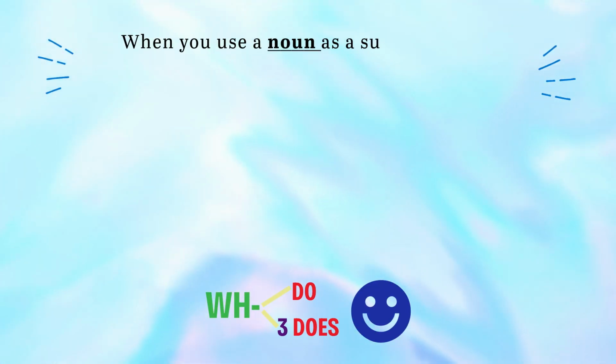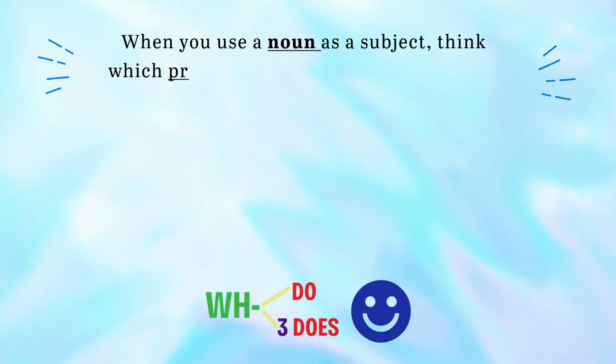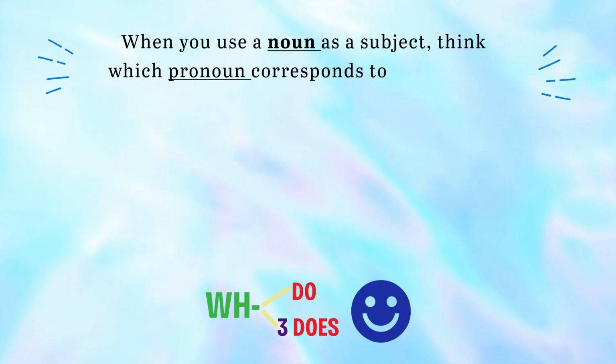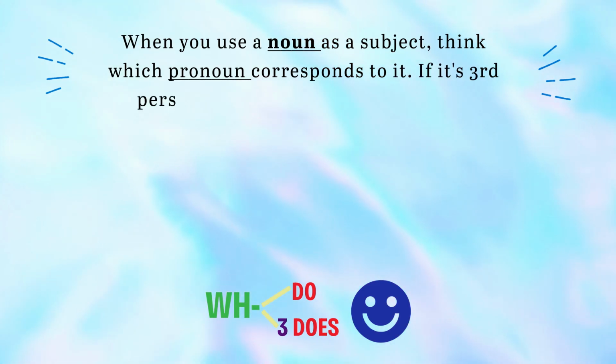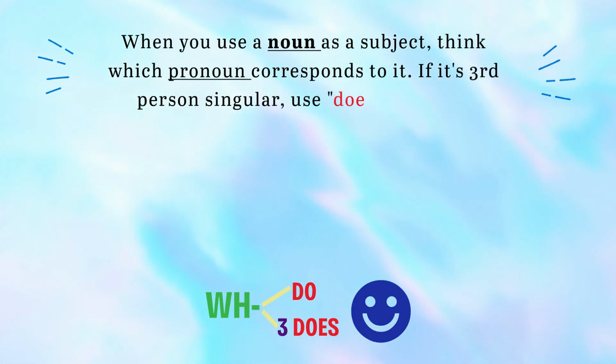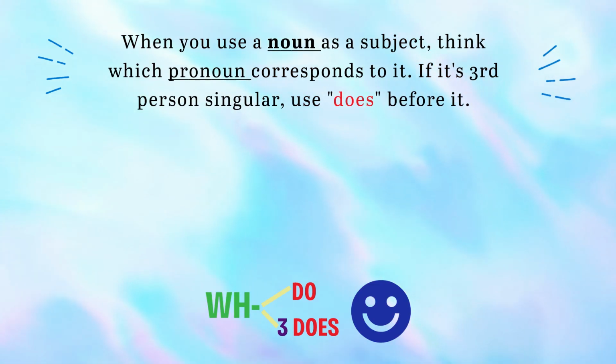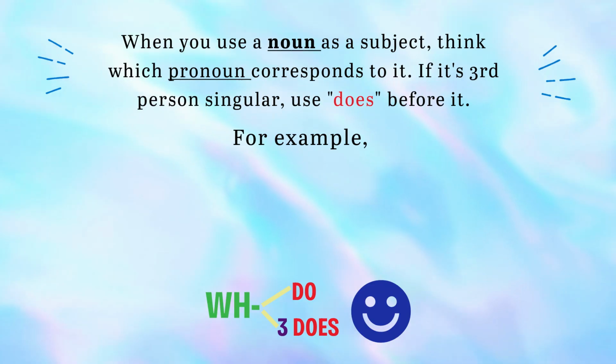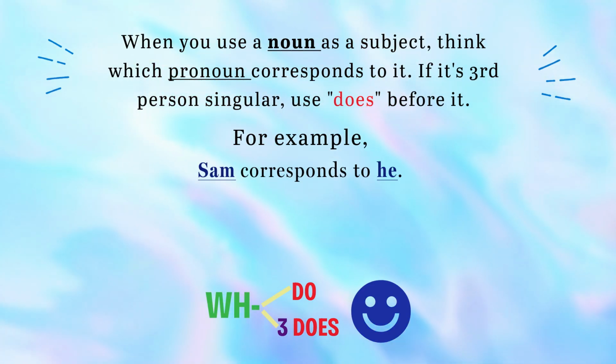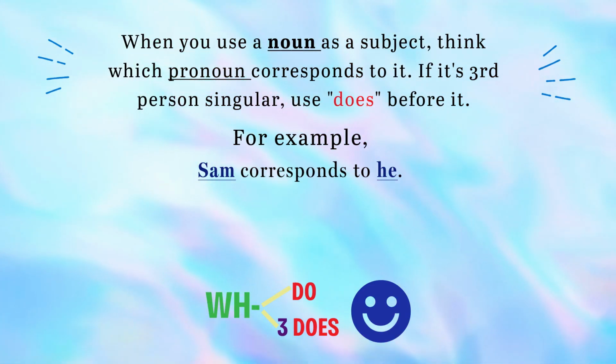When you use a noun as a subject, think which pronoun corresponds to it. If it's third person singular, use does before it. For example, Sam corresponds to he.